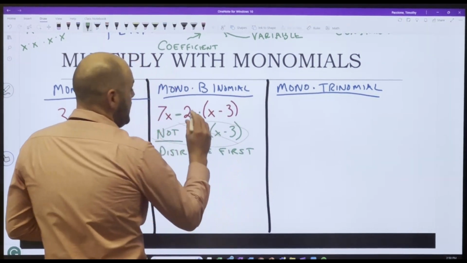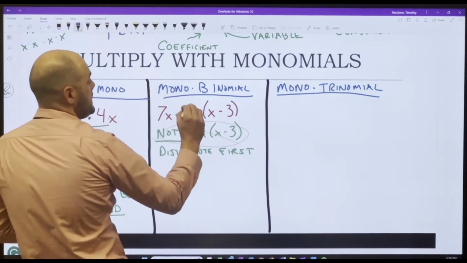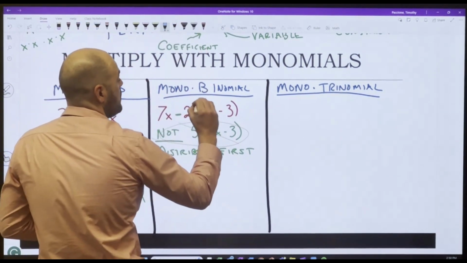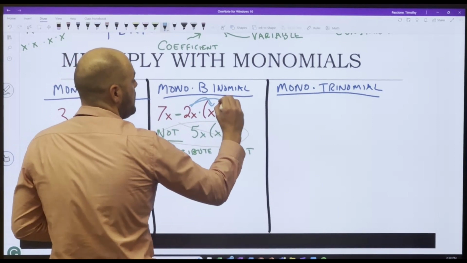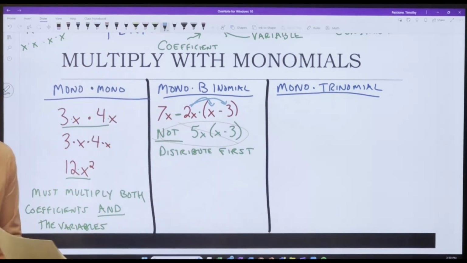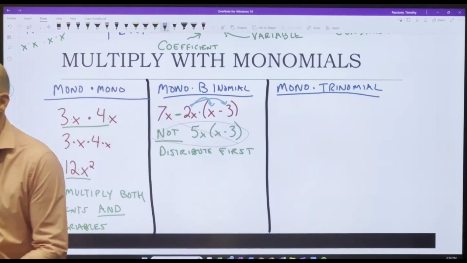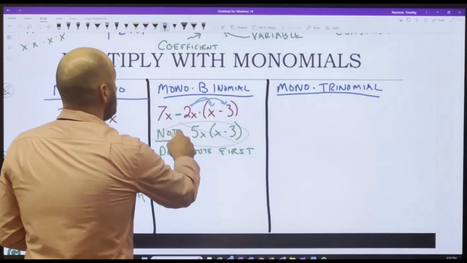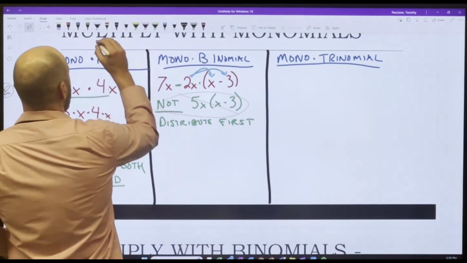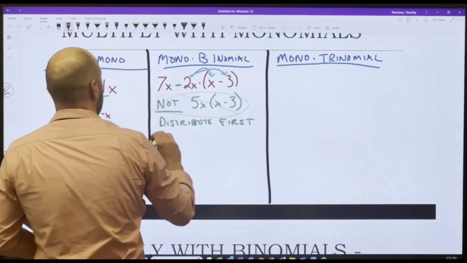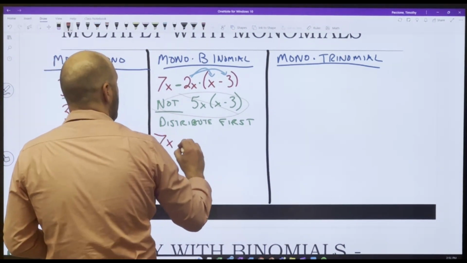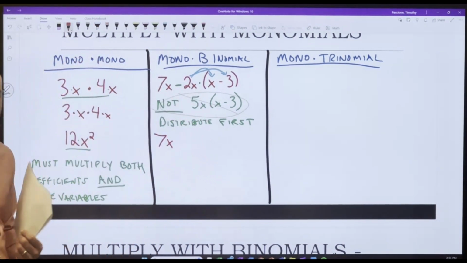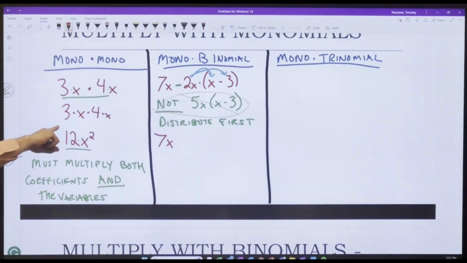Okay, distribute means, remember, everybody gets a little piece, right? You're giving out pizza, you get a piece, you get a piece, you get a piece. You're handing out multiplication, everybody gets their multiplication, right? So what happens? Well, the 7x will just come down, and then I get minus 2x times x. Well, now I have a monomial situation, right? Negative 2x times x.